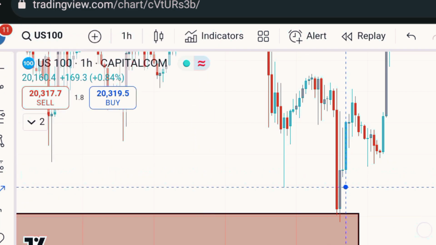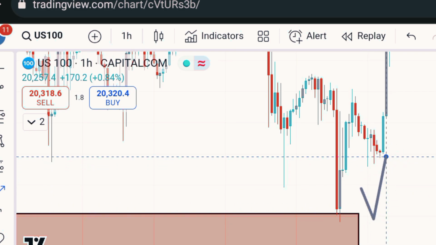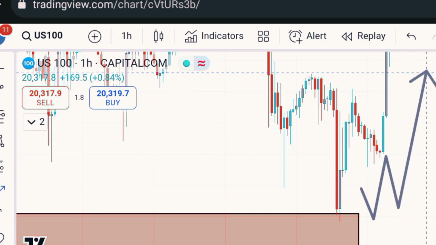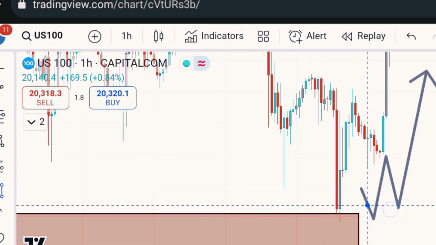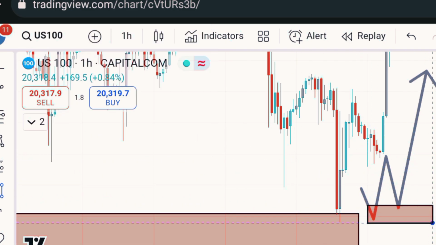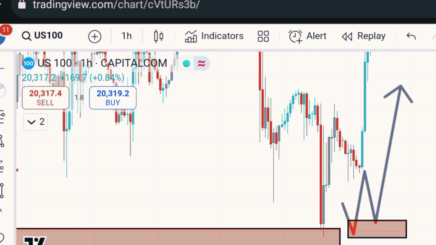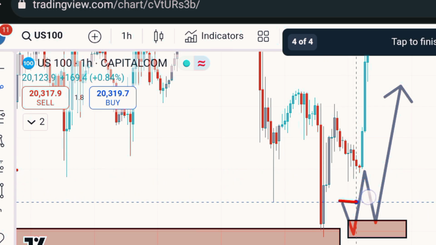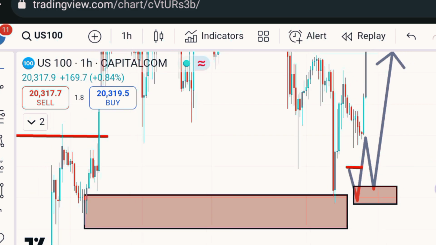You can either use your bullish engulfing pattern to take your trade, or you wait for a shift in market structure and you take your trade to the upside once the market comes into this zone. So that is it for this setup.